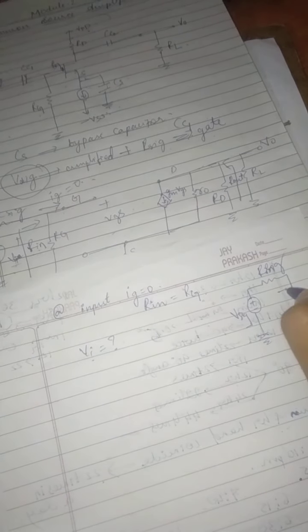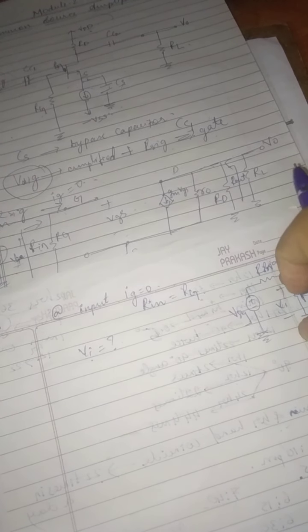VSIG, this is Rin, and this is RSIG and this is RG. Now I want Vi. How do I find Vi? Vi is nothing but input. That means at this input part, I want the potential at this point.